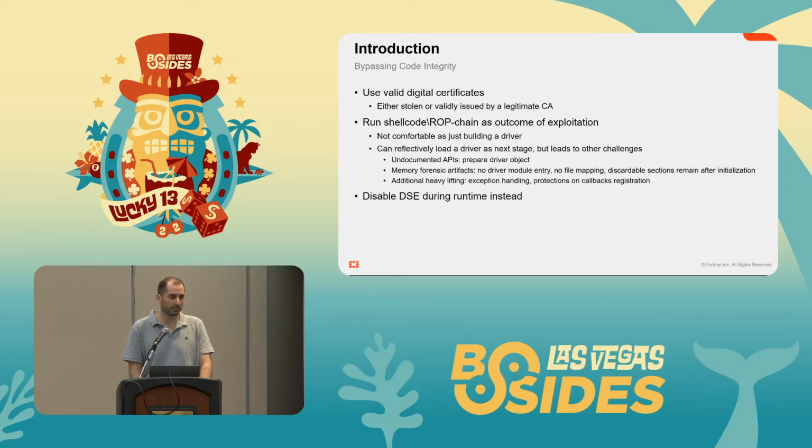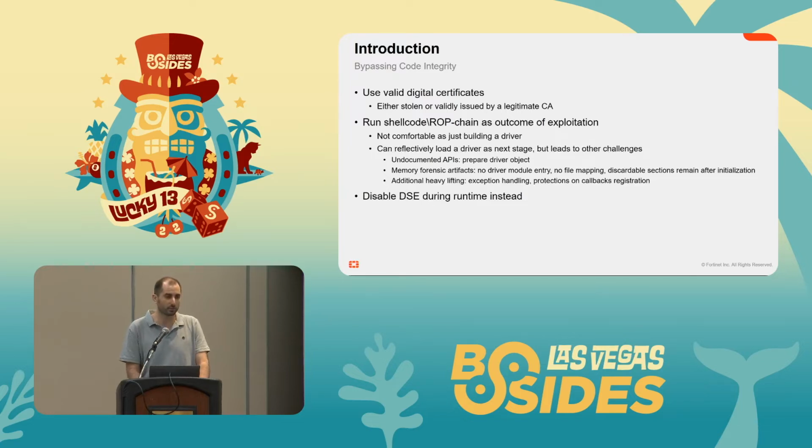The other option is to use some exploit and gain code execution in kernel, usually some shellcode or ROP chain, and then you can just load up your driver if you want to, reflectively, but it introduces some complexities.